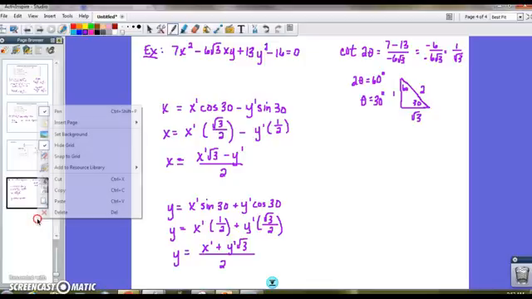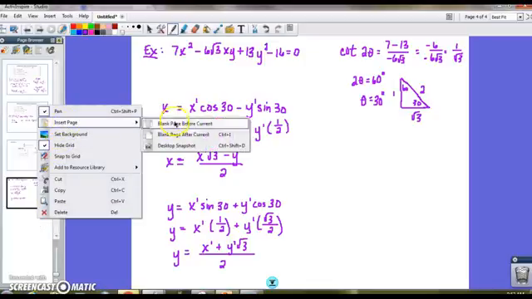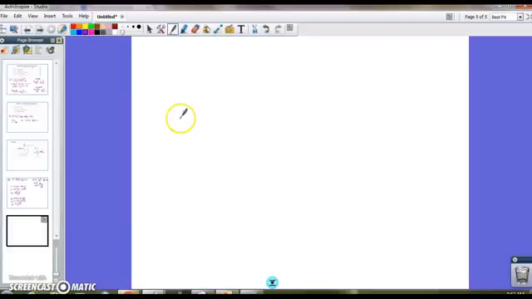So let me get a new sheet here. Now all I'm doing is substituting in.